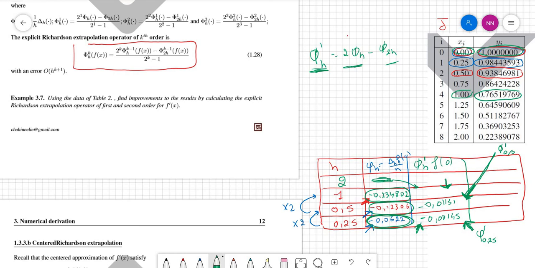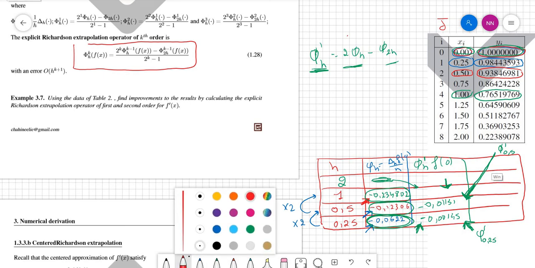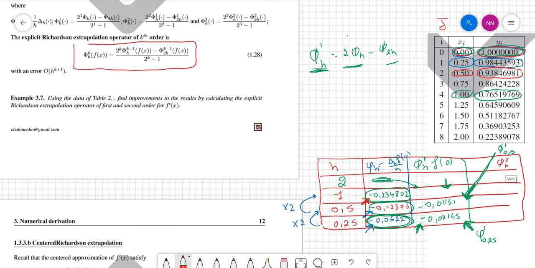Okay, now the third column will be dedicated to the second order extrapolation operator at f of 0. In this first place, it's phi_2(0.25). From the formula, it's a big phi always, it's 4 phi_1(0.5) minus phi_1 over 3.